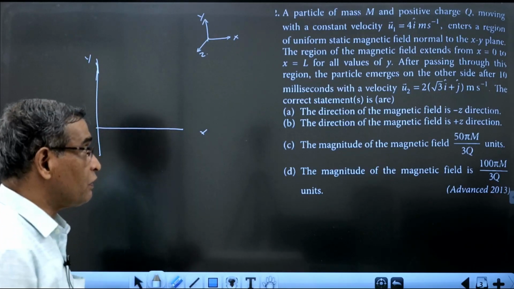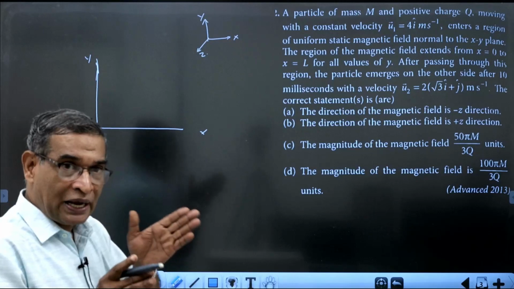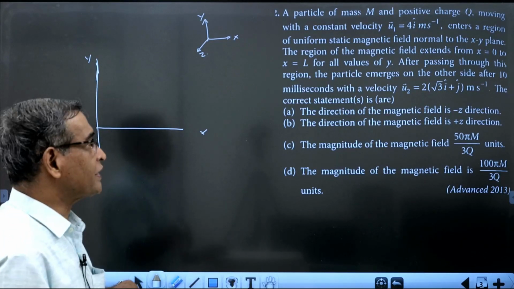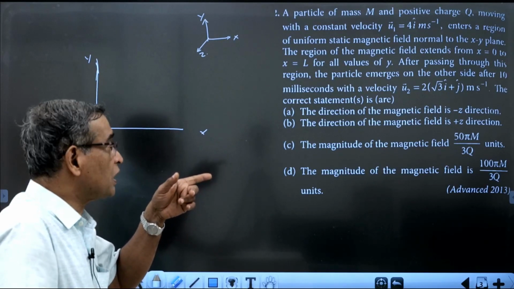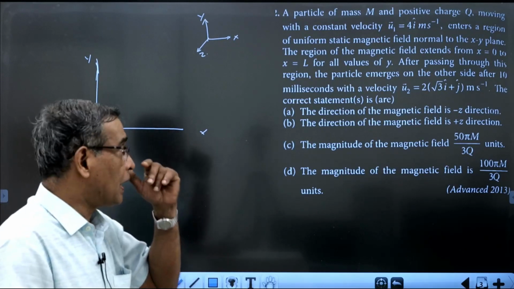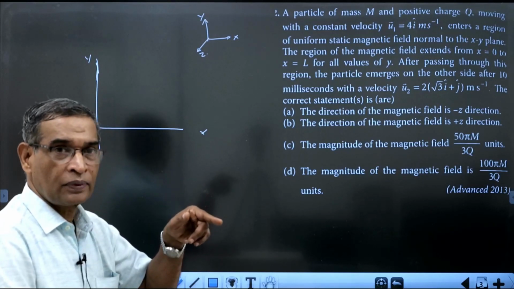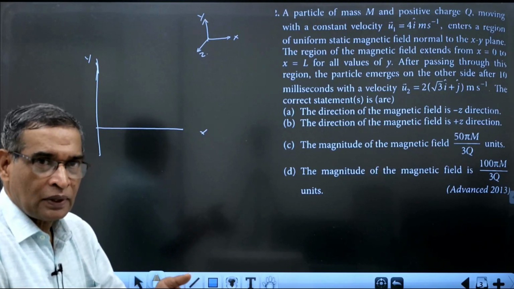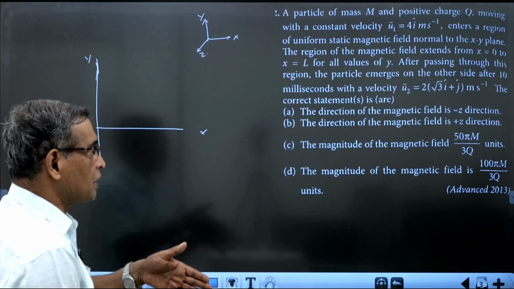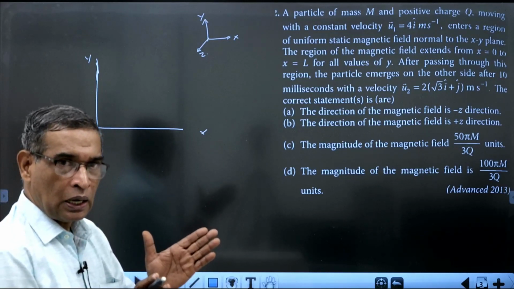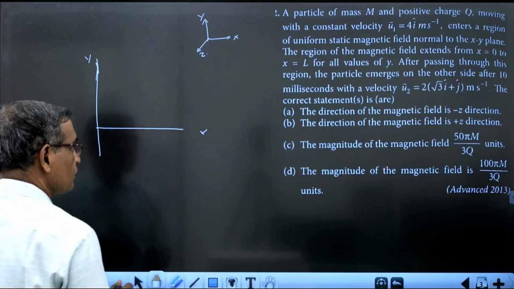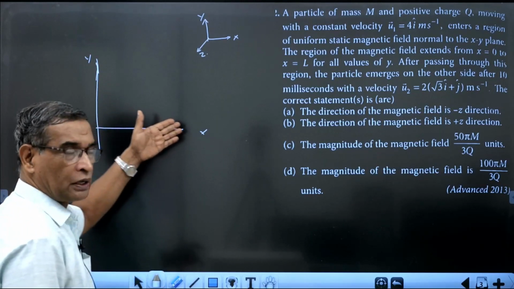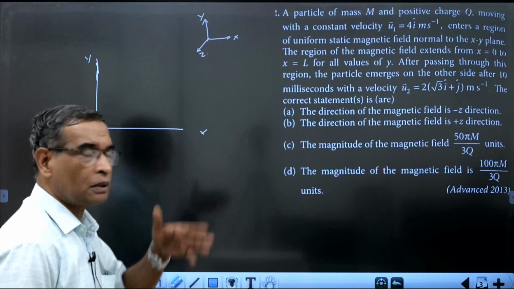And there you can see that when it emerges out of the magnetic field, both velocity components are in the positive direction. It has an x component of positive 2 root 3 i, and the y component is equal to 2j. Both velocity components of the particle when it comes out are positive, and hence, since it is perpendicular to the magnetic field, it will take up a circular path because it is a charged particle.